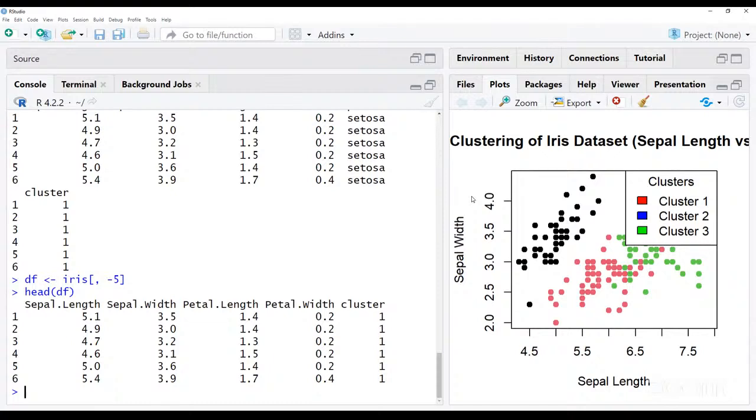This comma indicates all the rows. -5 means the fifth column. In the original data, the fifth column is Setosa, some text data. So that will be removed from the analysis.